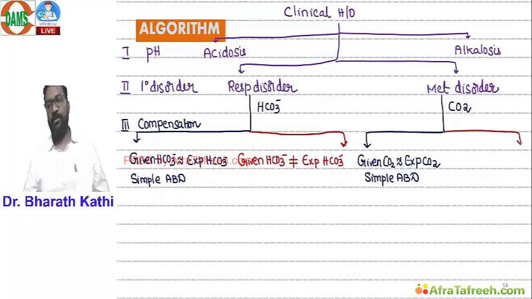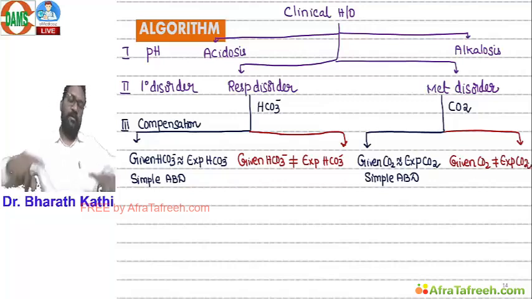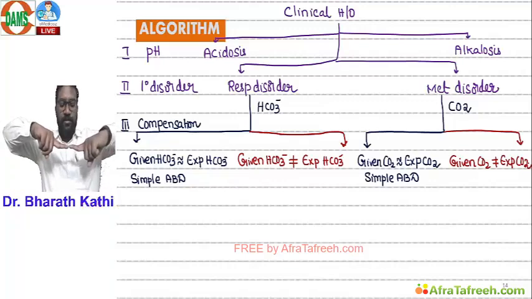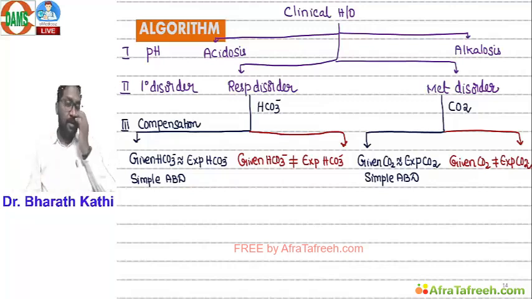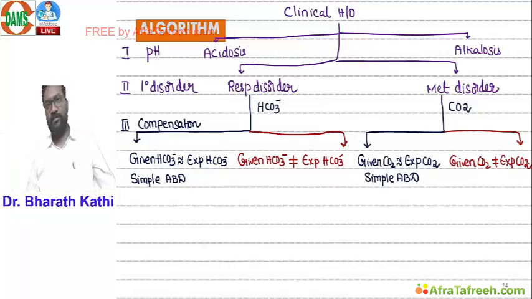On this side also, given CO2 is not correlating with expected CO2. When given and expected are correlating, it is simple, adequate compensation. When they are not correlating, it is inappropriate compensation.